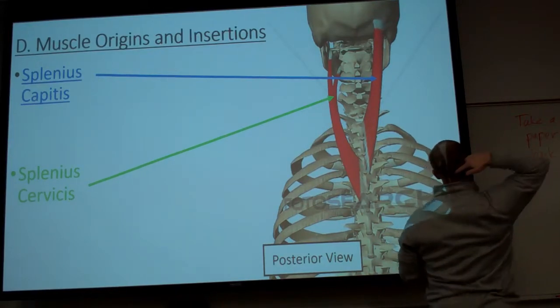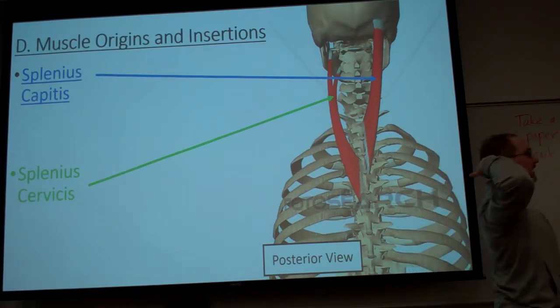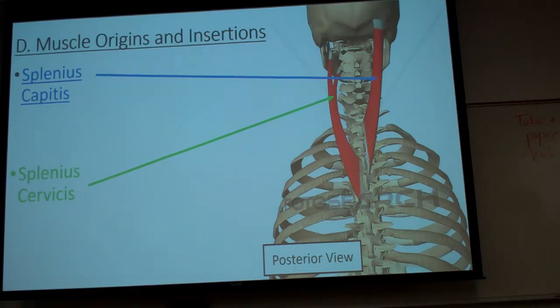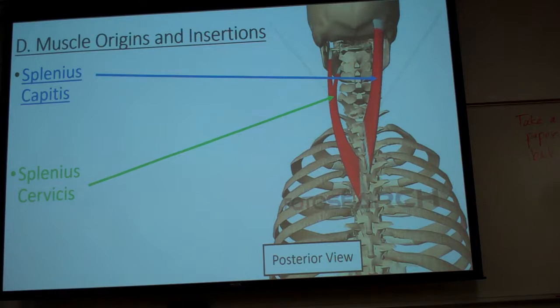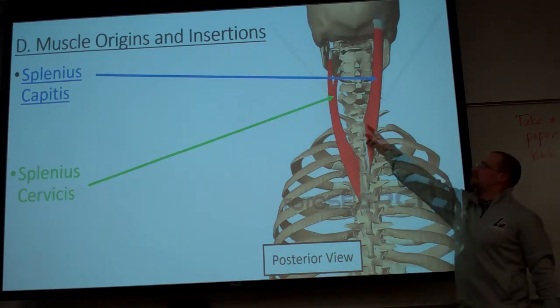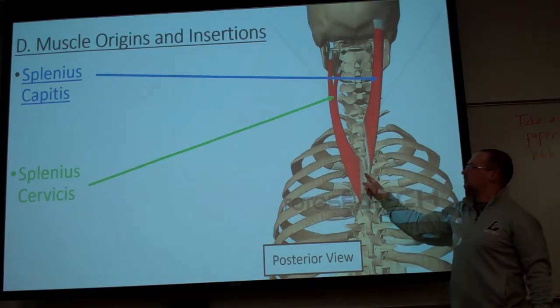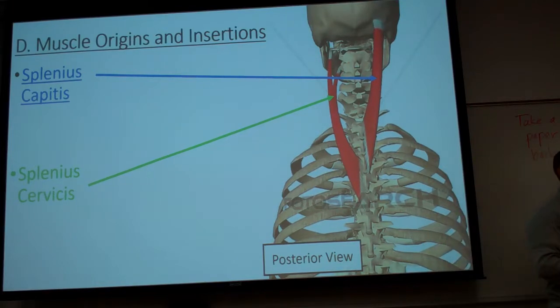We call this the nuchal line, N-U-C-H-A-L line. So it's going to insert at the superior portion of that nuchal line. It originates all the way down at vertebrae C7 through T4. So the last cervical vertebra all the way up to the fourth thoracic vertebra.